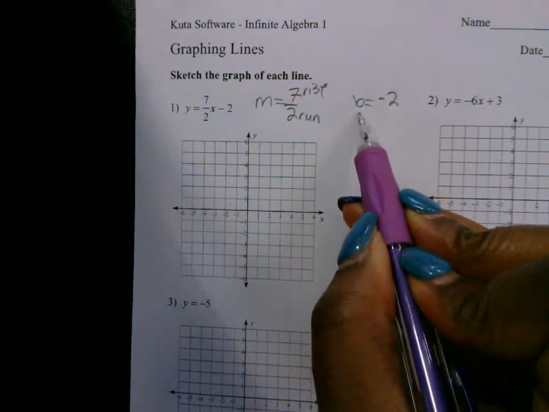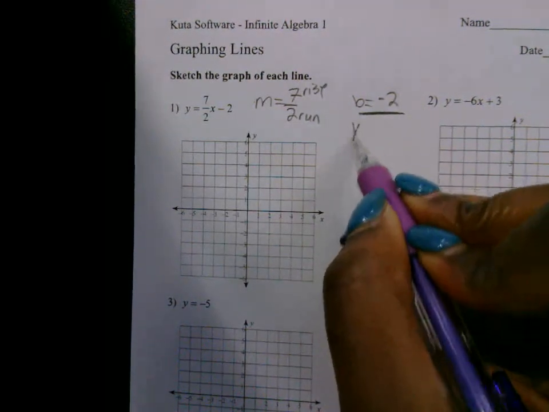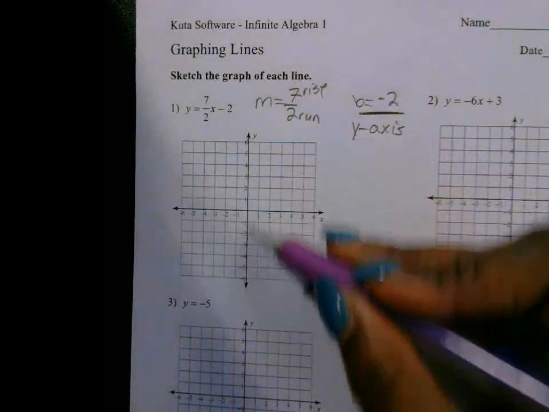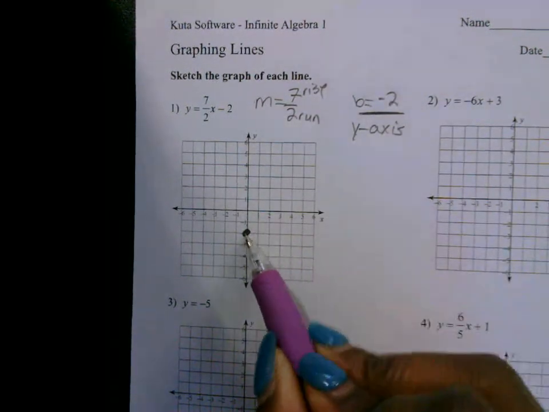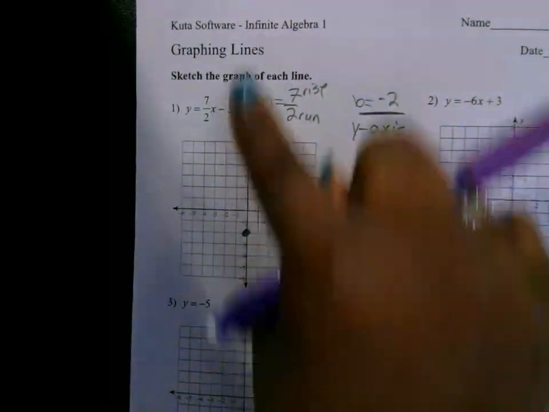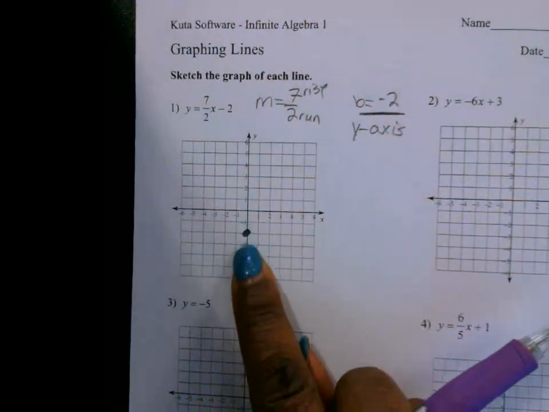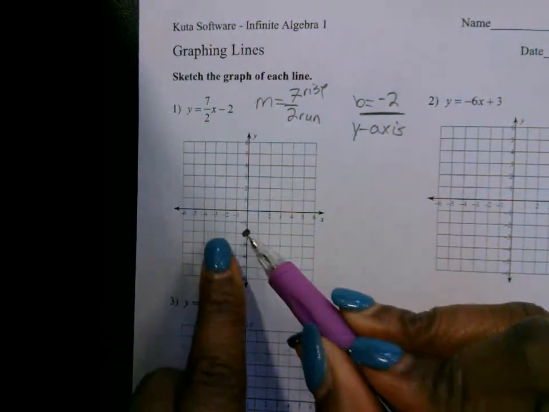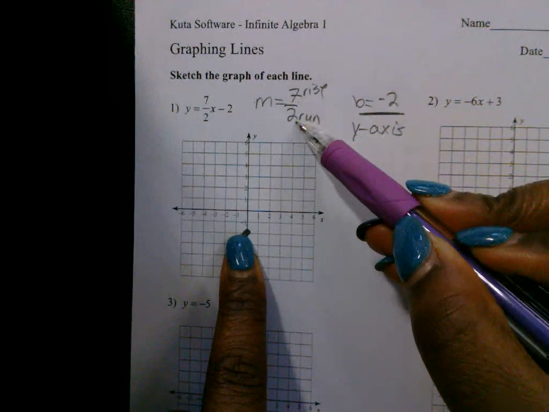All right. So now we're going to find -2 on the y-axis. -2 on the y-axis is down 2 from the origin right here. That's the second step. Whatever B is, you're going to graph it on the y-axis. We're going to put our pencil here, and we're going to count rise over run.